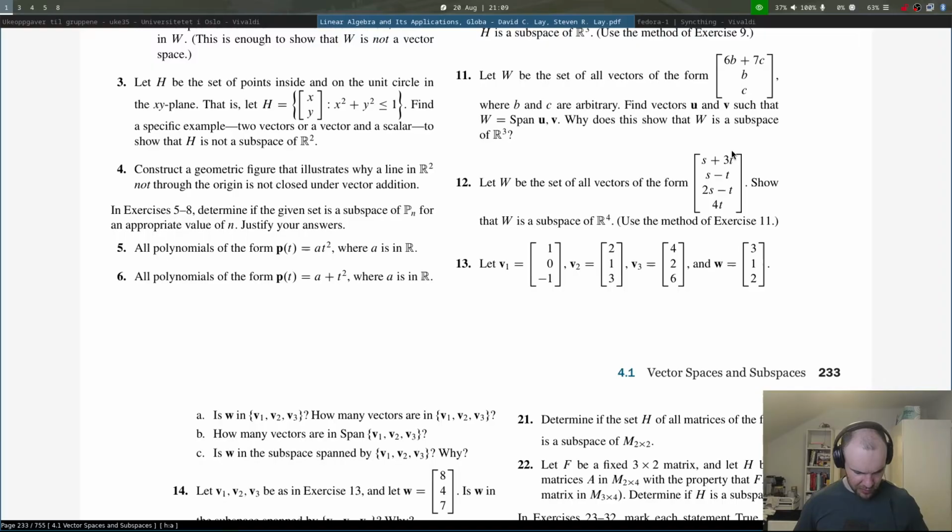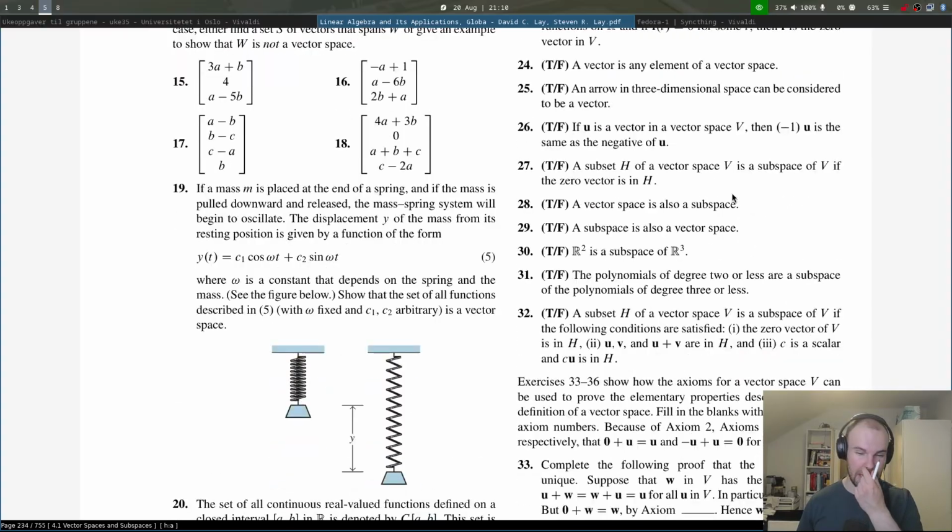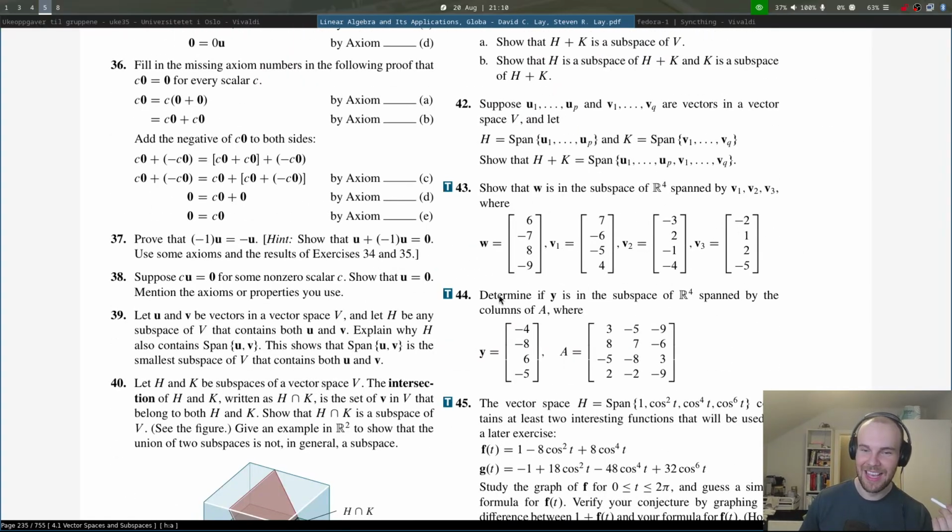Pretty good. And the last task, 44, I'm just going to explain because it's so painful to do. It gets really ugly, but it's pretty easy in terms of logic. Determine if y is in the subspace of R^4 spanned by the columns.